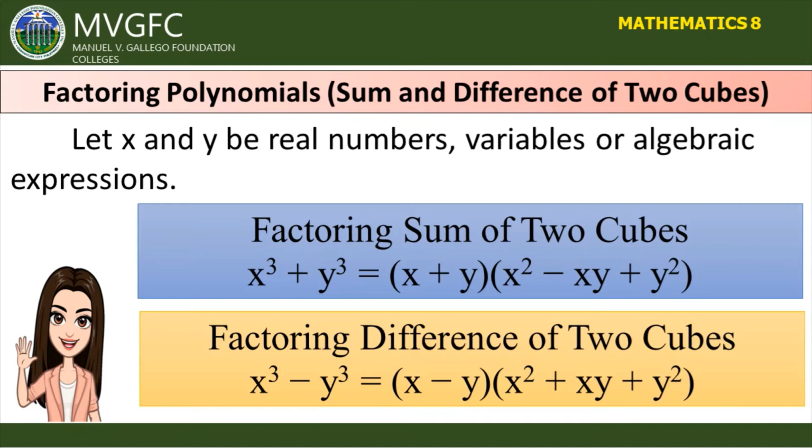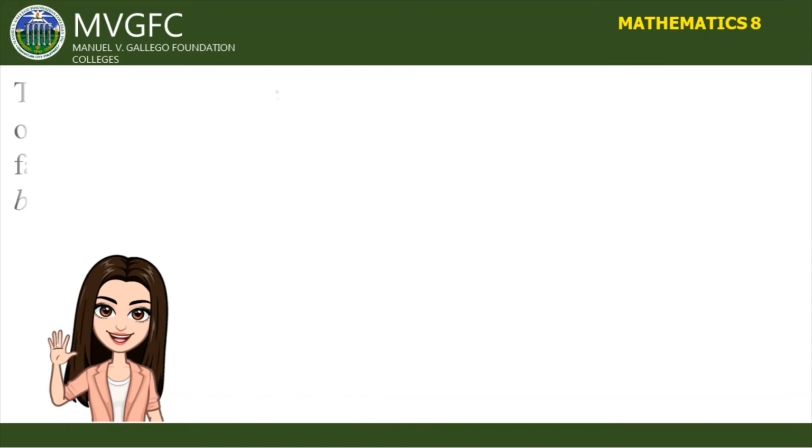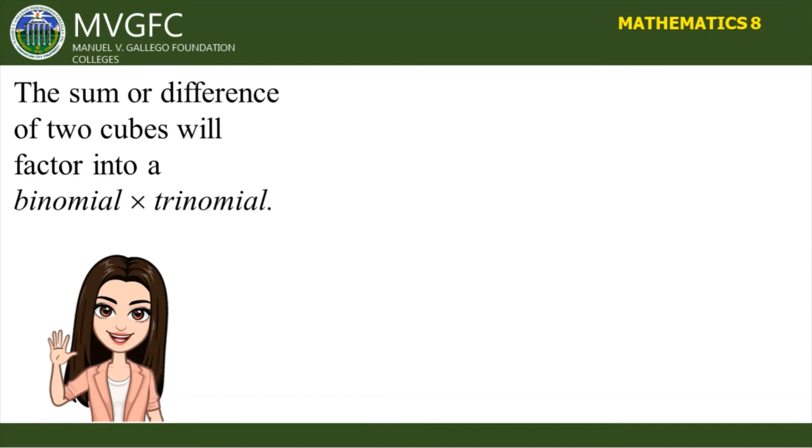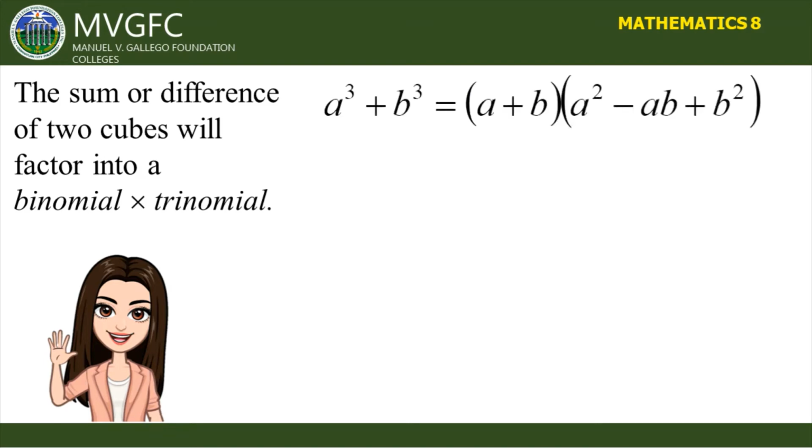Actually, you can have a clue here. Positive, negative, positive. That is for the sum. Then for the difference, negative, positive, positive. Let us see that rule. The sum or difference of two cubes will factor into a binomial and a trinomial, just like what I told earlier.